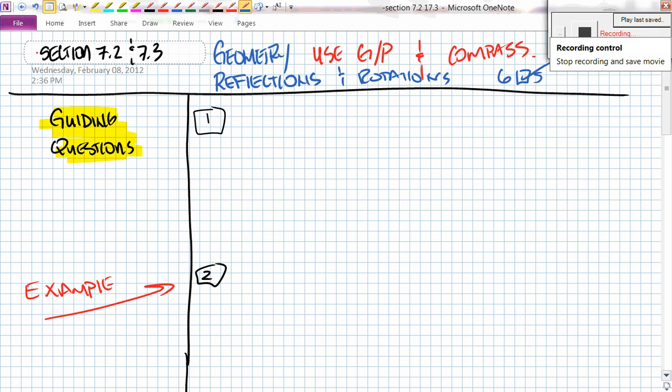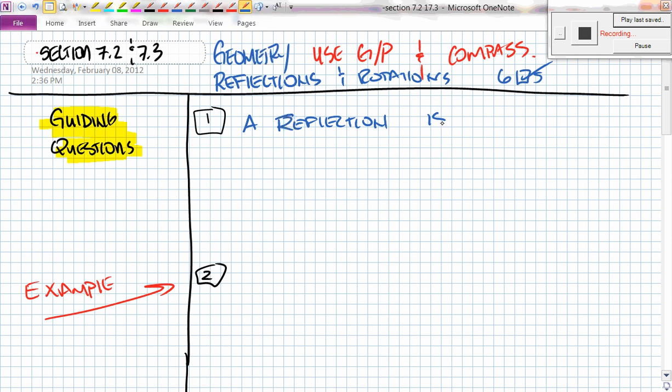The idea here is that a reflection is guaranteed to be an isometry. Let's remind ourselves what an isometry is again.